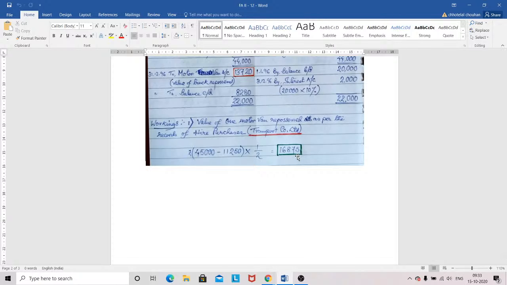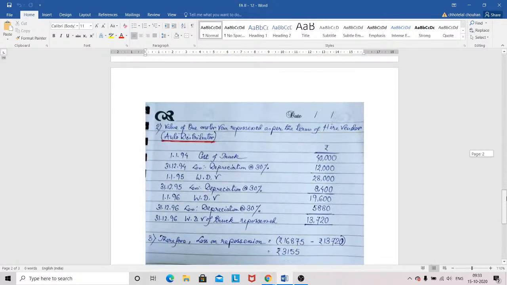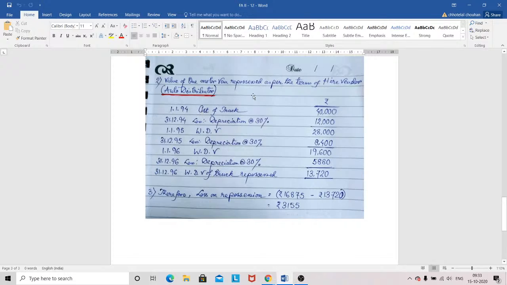Now what will be the value of the asset as per the hire vendor? So come to the next working. In the next working we have to show the value of one motor van repossessed as per the terms of the hire vendor. The hire vendor is the auto distributor, and that particular hire vendor is charging depreciation at the rate of 30%.